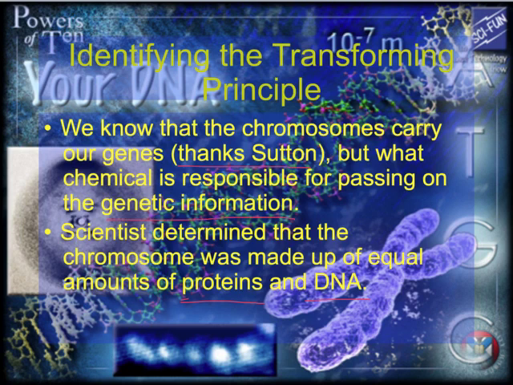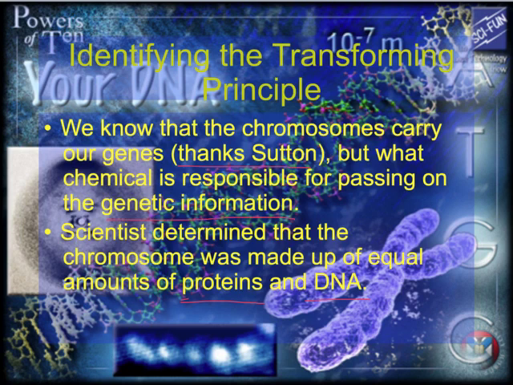Okay, so the next question is, after Griffith, we say, okay, well, what's this transforming principle? We know for a fact that the transforming principle is found on the chromosomes. If you remember back, Sutton was the one who told us that chromosomes are found in every cell, and in meiosis they're separated, and the transforming principle that Griffith calls it, the factors that Mendel called it, the genes, all that stuff is found on the chromosomes.